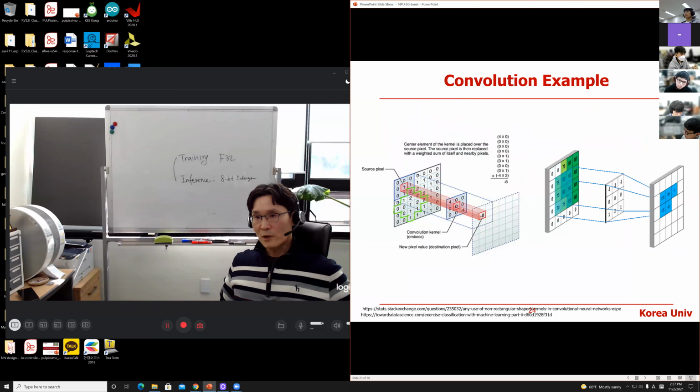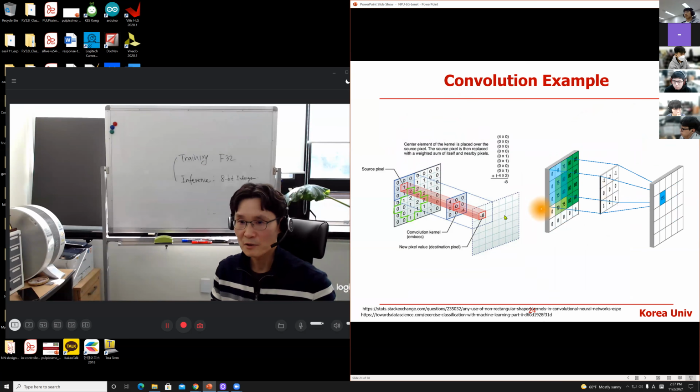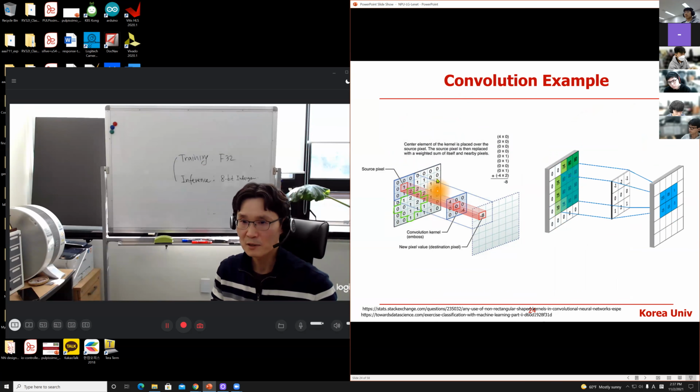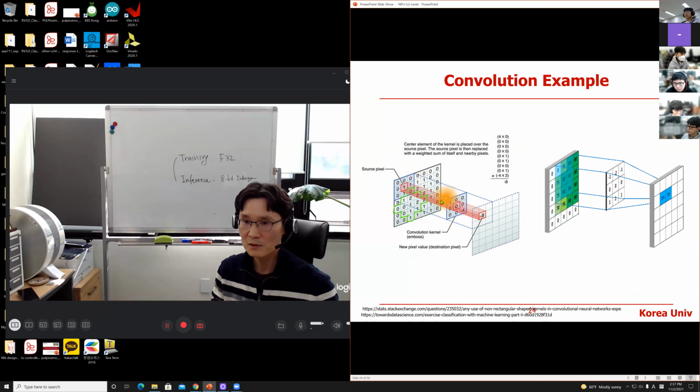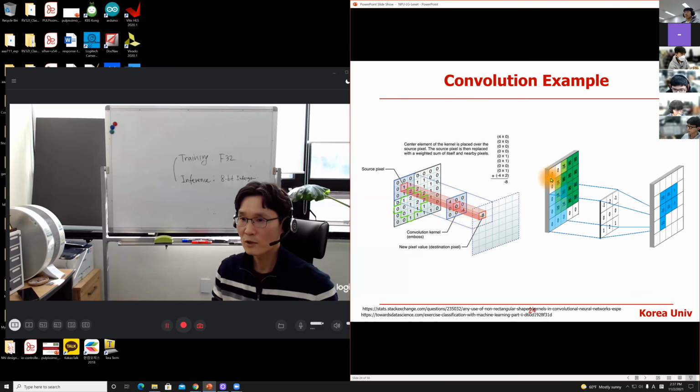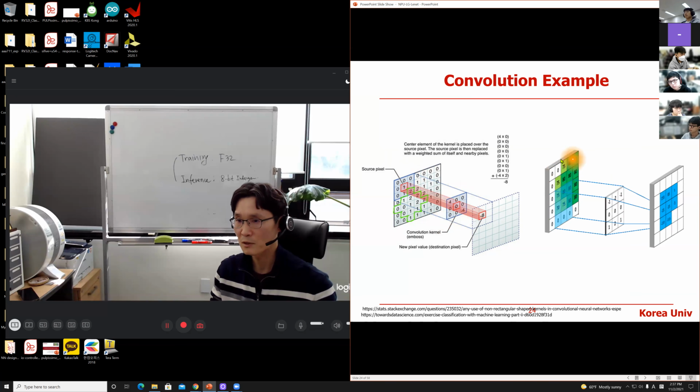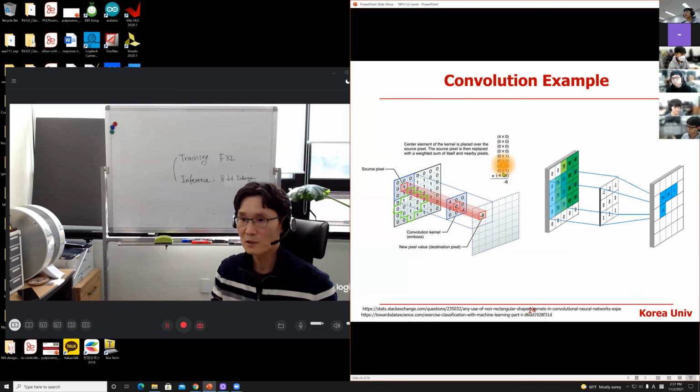The convolution operation is very simple. That is an example. You have an input image with each pixel's information, and this small 3 by 3 is the filter. By going through the input image with a 1 pixel shift, you are doing multiplication and addition.